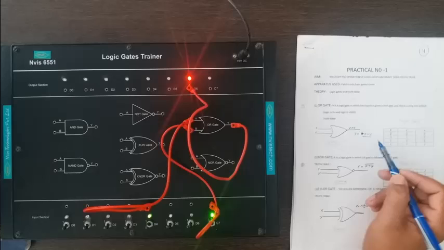So this is the expression for XNOR gate, and this is the expression for XOR gate.